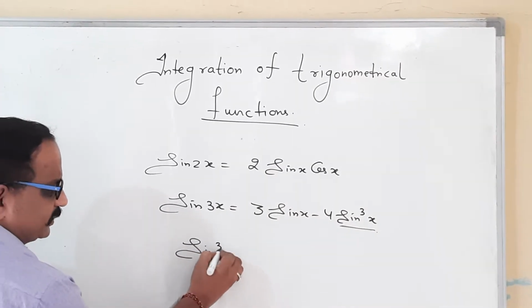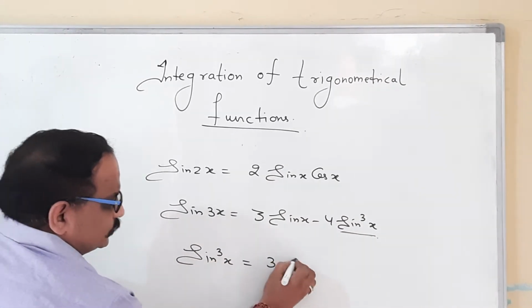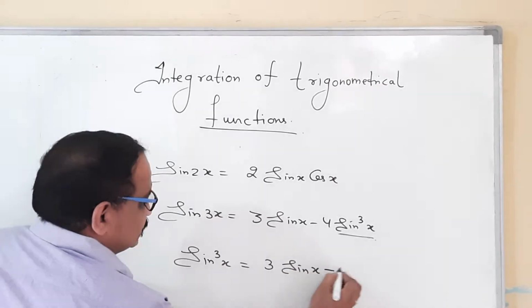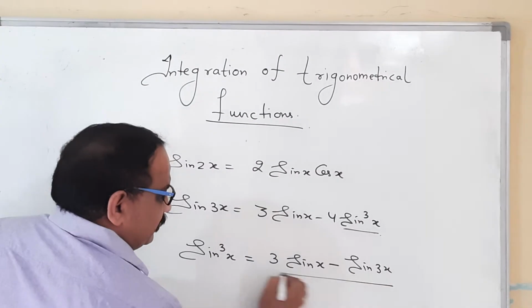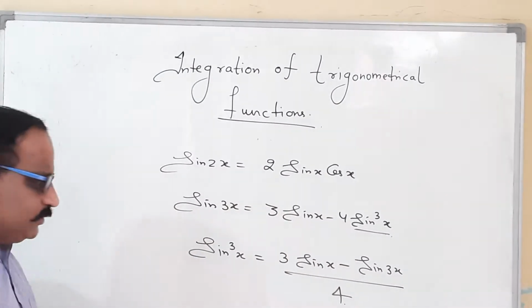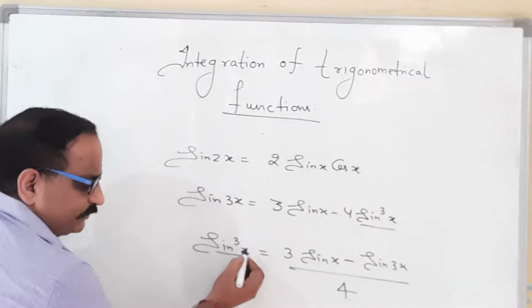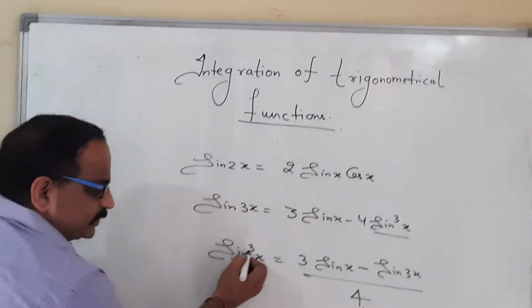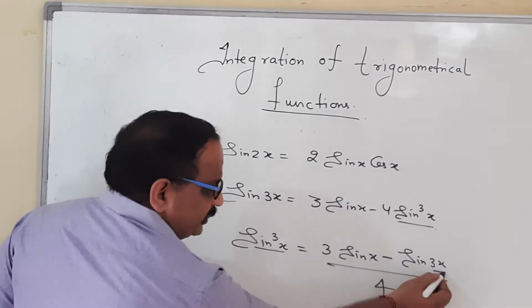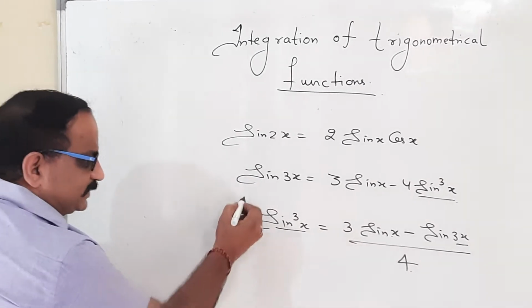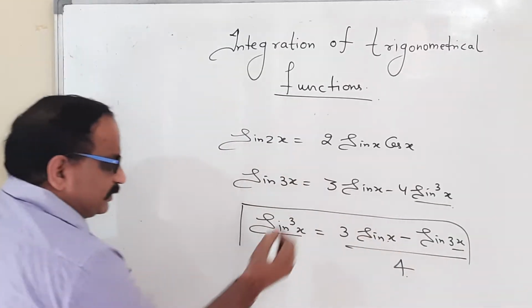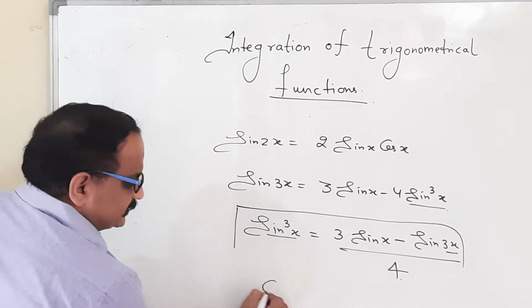So I am taking here sin cube x equals 3 sin x minus sin 3x upon 4. That means in place of sin cube x, we are able to write that, where the cube x becomes x and the angle becomes 3x. Similarly, we can go with the cos cube x result.